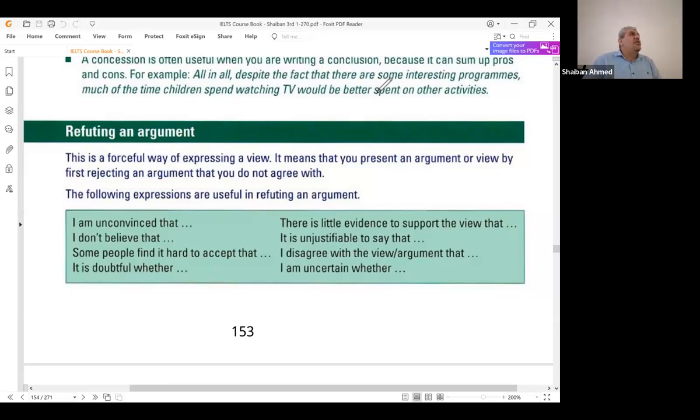A very strong way to show your position. Here, refuting means rejecting, negating, whatever. You can call it whatever you like. Anyway, this is 100% against. So refuting an argument means 100% against.